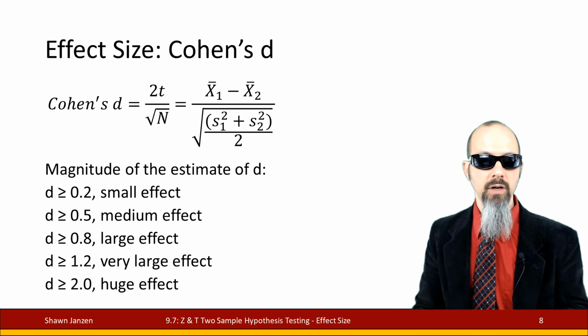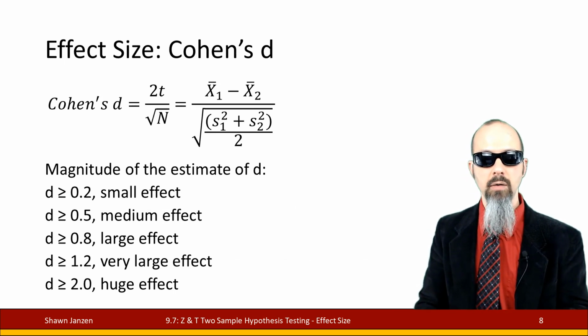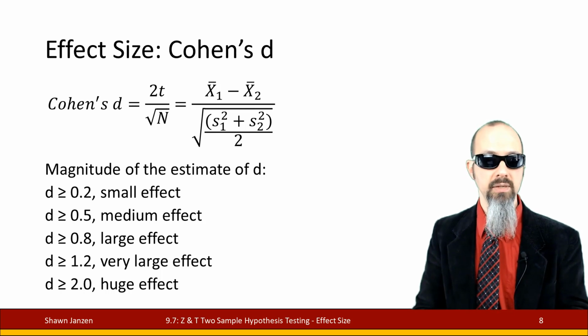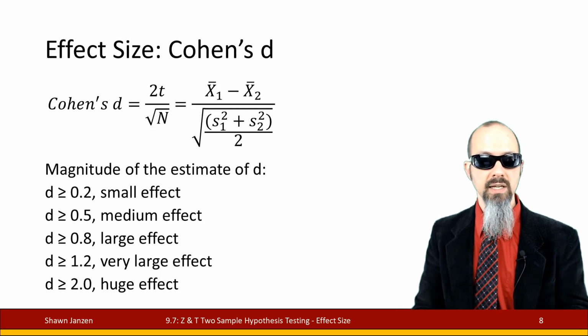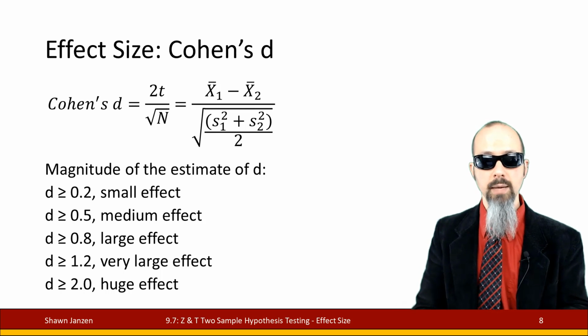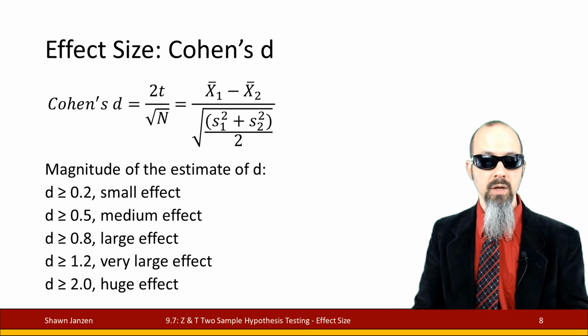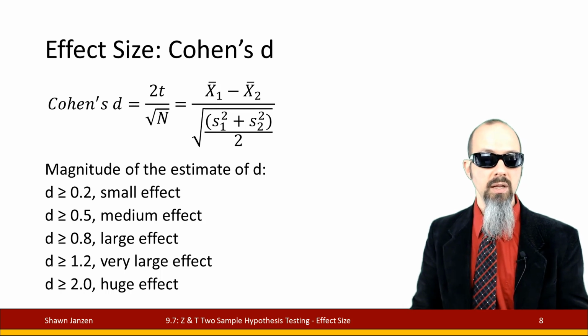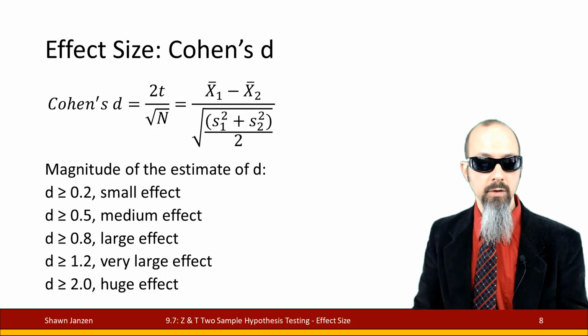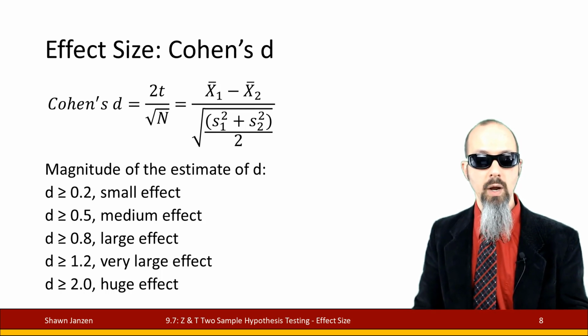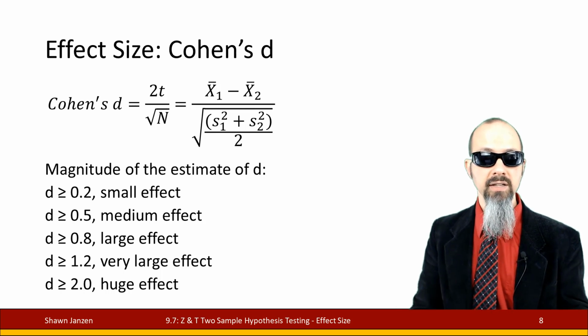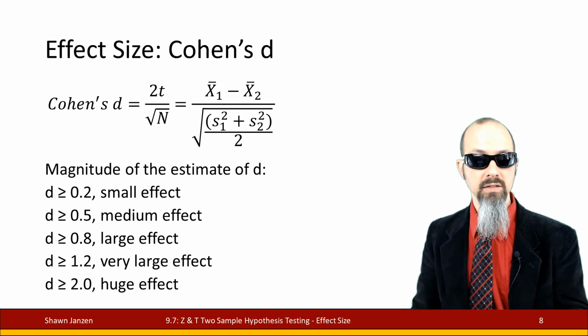Now the formula here for Cohen's D is a little bit different than what you saw before, because this is accounting for our ability to have two samples in place. So the Cohen's D is equivalent to 2 times your t-score that you get from a t-test divided by the square root of n, which is also approximate to the x bar of group 1 minus x bar of group 2 divided by the square root of the variances of group 1 and group 2 added together divided by 2.